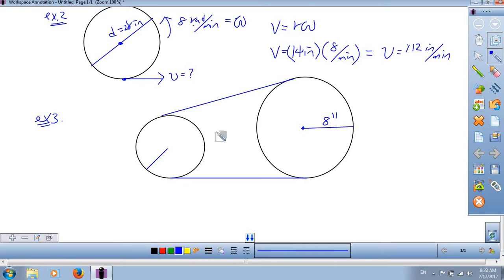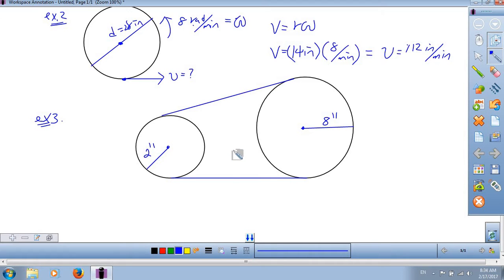It's 4 times as small, so 2 inches and 8 inches. And they're driven together by a belt with the 2-inch wheel.